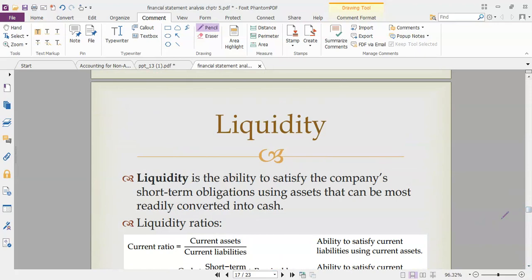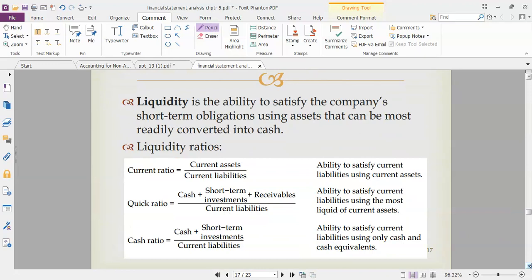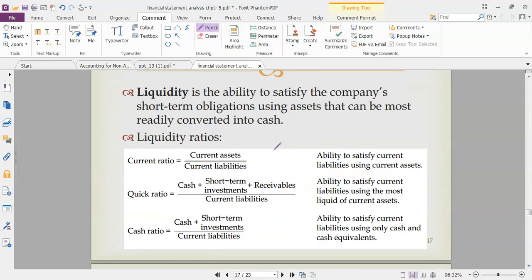So let's look at the liquidity. Liquidity is the ability to satisfy the company's short-term obligations using assets that can be most readily converted into cash. So this is the liquidity ratio, which I mentioned before in chapter 4. This is the equation for the current ratio: current ratio is equal to current asset divided by current liability.